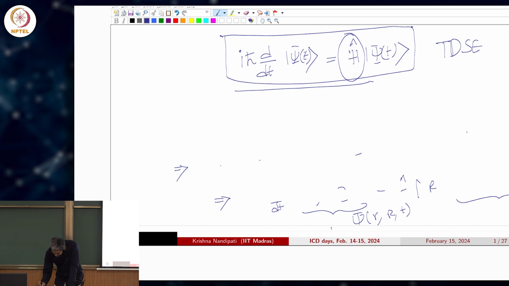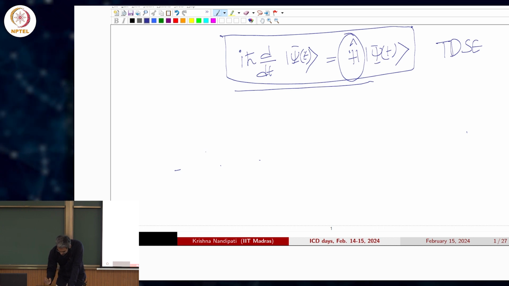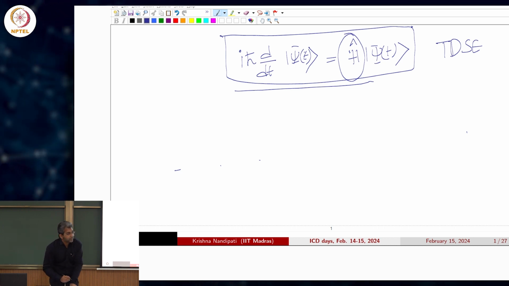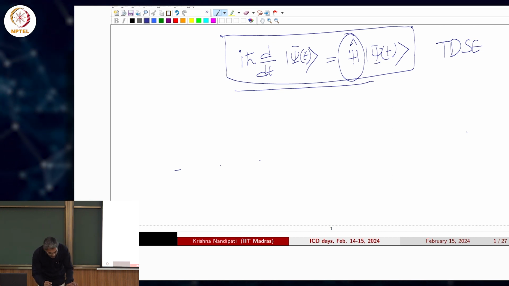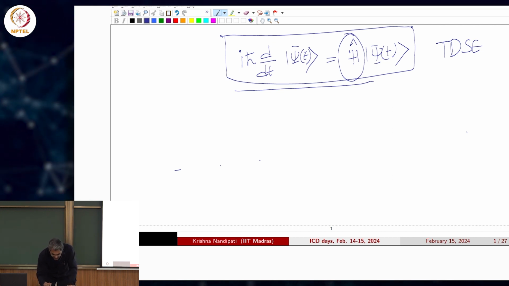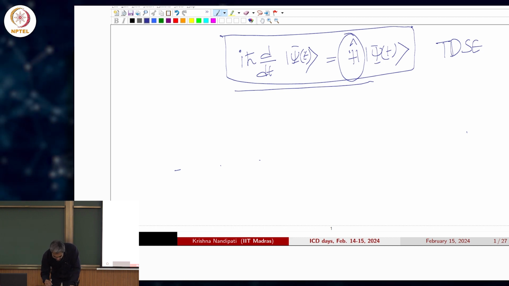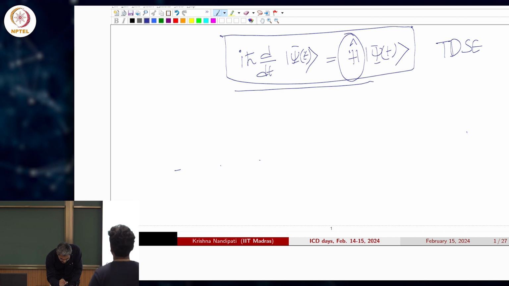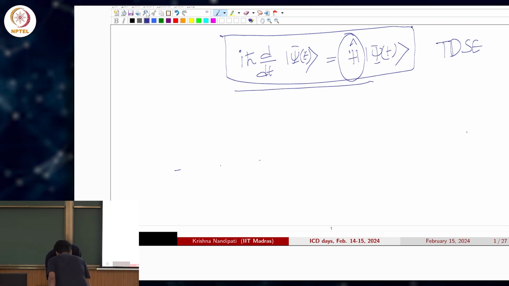Next page I can add. I see. How does it go? I'm just wondering. Next page. Okay.